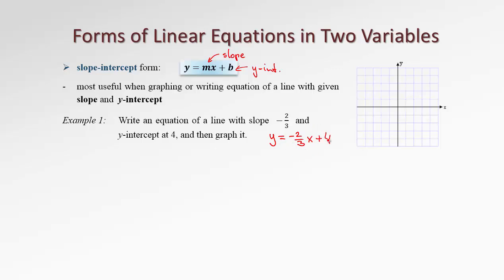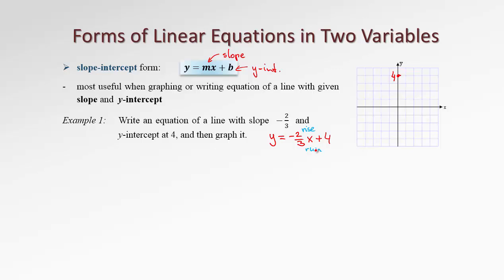Now, graphing is really easy because we don't need to calculate anything. We start with the y-intercept, plot it on the y-axis, that's our 4, meaning that this point belongs to the future line. And then we go by the slope. Slope, as we remember, is rise over run.